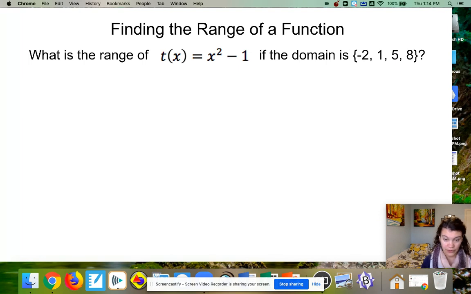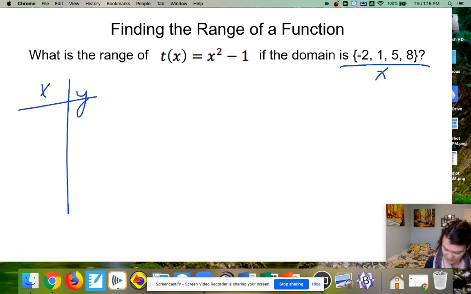Okay, so now we're going to find the range of a function. We have t of x equals x squared minus 1, and then it tells us the domain. This is telling us all of the x values. We can set up a table here, our x and y values, and we'll have -2, 1, 5, and 8. To find these y values, we plug them in here.